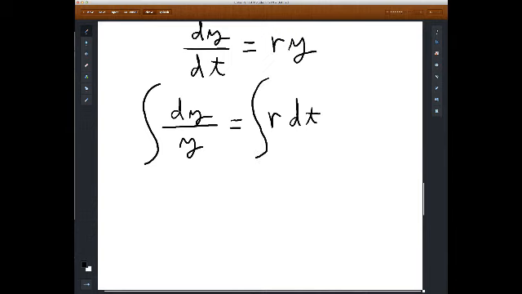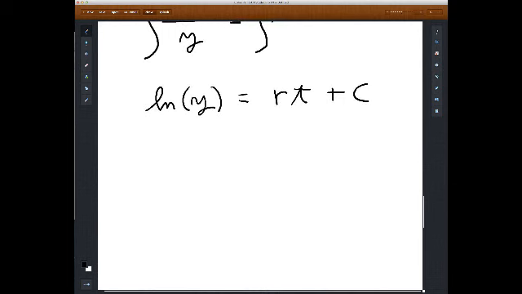So we have the natural logarithm of y, and over here, this is just rt, plus a constant. Now to solve such equations, we invoke the exponential function.